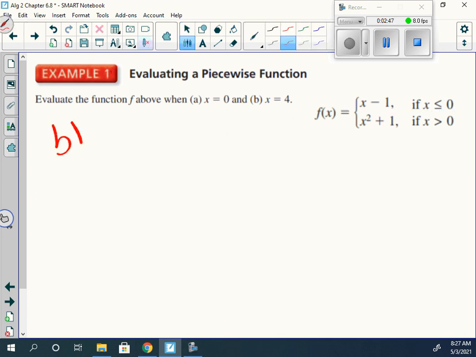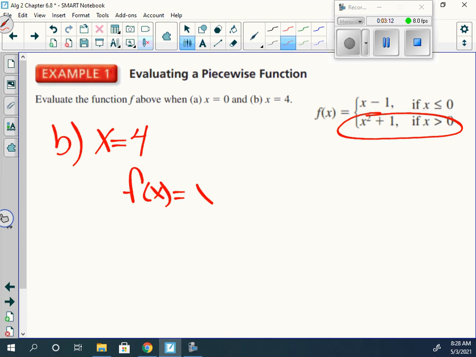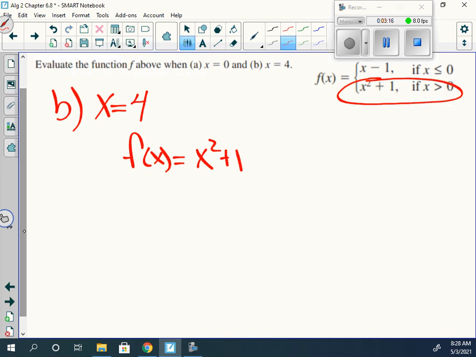Part B. X is equal to 4. Now, which equation would we use for this one here? X squared plus 1. Because our condition was we're going to use this if x is greater than 0. Well, 4 is greater than 0, so we're going to use this function here. So f of x for this one is equal to x squared plus 1.